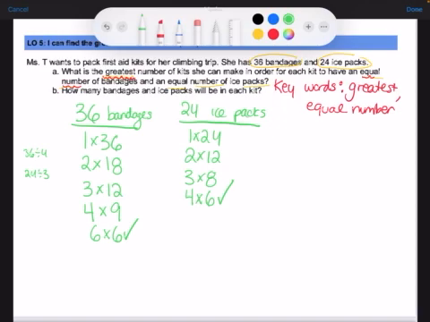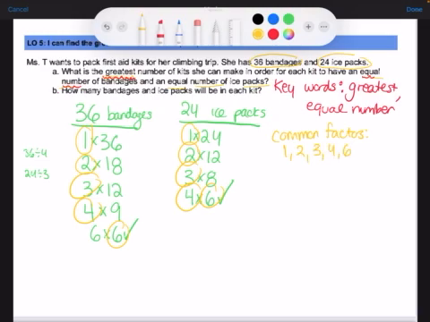Now let's find some of these common factors. These are always our steps when we're finding the greatest common factor. I see that they both have 1 in common, 2 in common, 3, 4, and 6. You could circle either 6 here. You could circle both. I'm going to be wacky. I'm going to circle that 6. So our common factors are 1, 2, 3, 4, and 6.